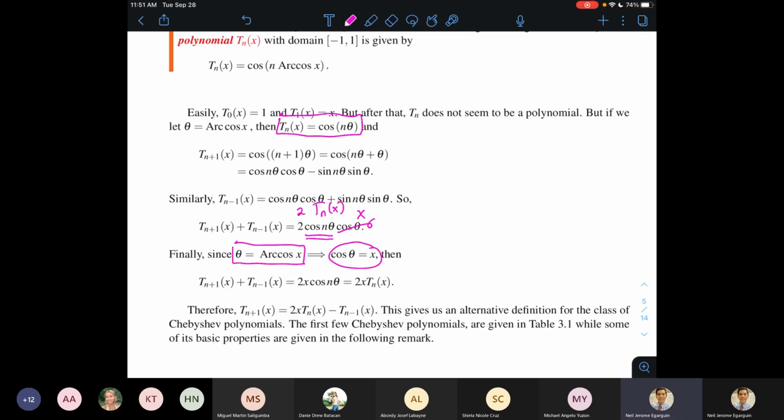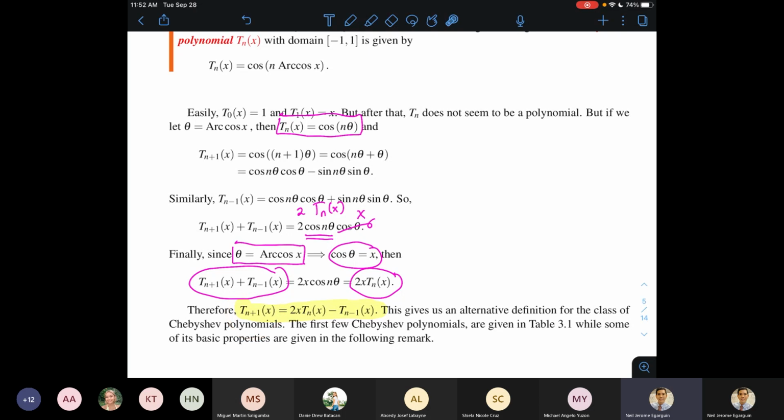So here we see that t sub n plus 1 plus t sub n minus 1 of x is equal to 2x times the degree n Chebyshev polynomial. And then if you play around with it, we'll get a recursive formula for the degree n plus 1 Chebyshev polynomial. Okay, so I just subtracted t sub n minus 1 from both sides. So that means if you know the last two Chebyshev polynomials, then you can compute the n plus 1 degree Chebyshev polynomial.